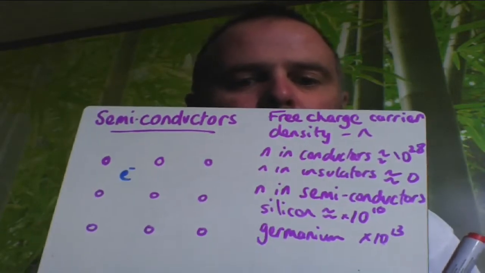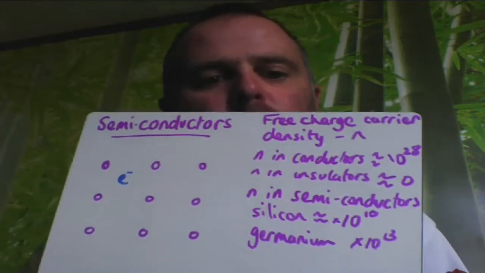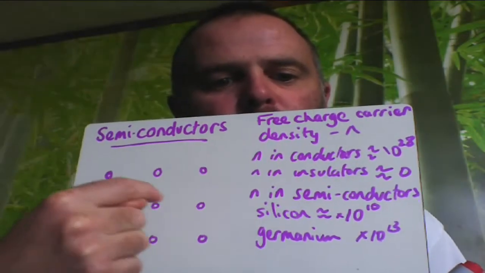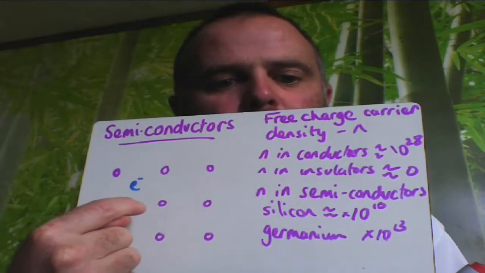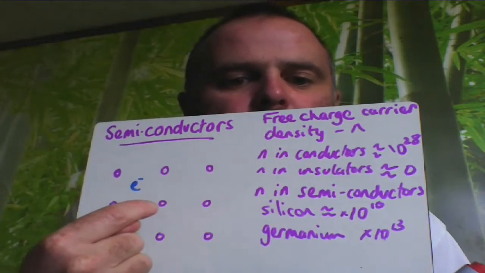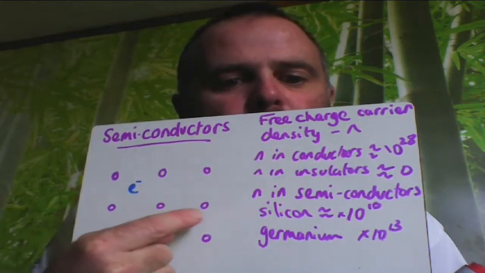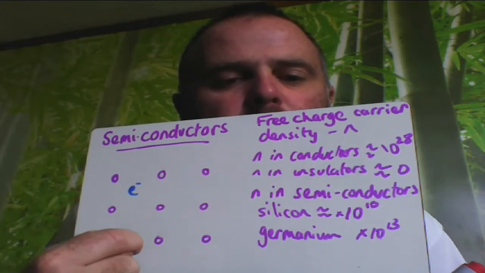Now, here's the thing. With semiconductors, all the electrons are locked away in bonds between the atoms. So these silicon atoms are sharing electrons. Electrons are not free to go anywhere because they're bound to the atoms.